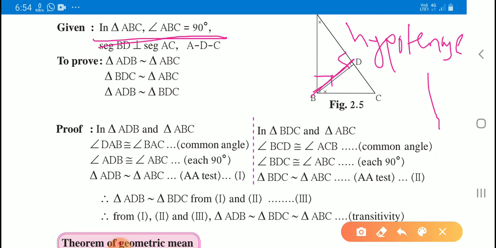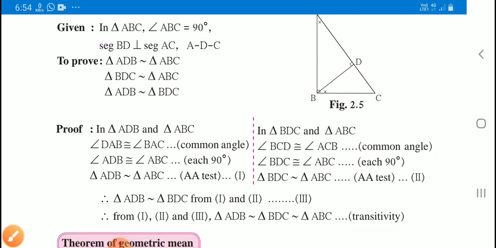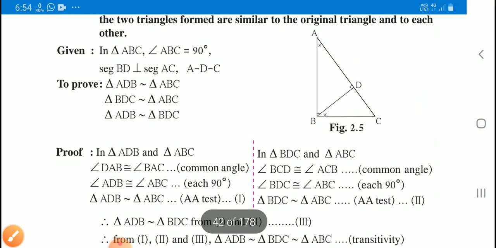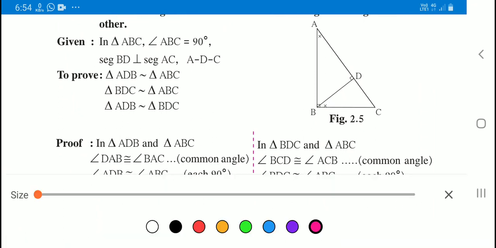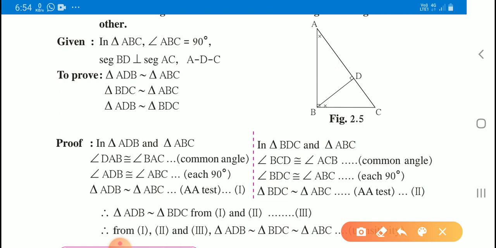What do we want to prove? Now look here, I will show you the triangles properly. Here we have to prove that triangle ADB, this upside triangle, is similar to triangle ABC, this bigger triangle.